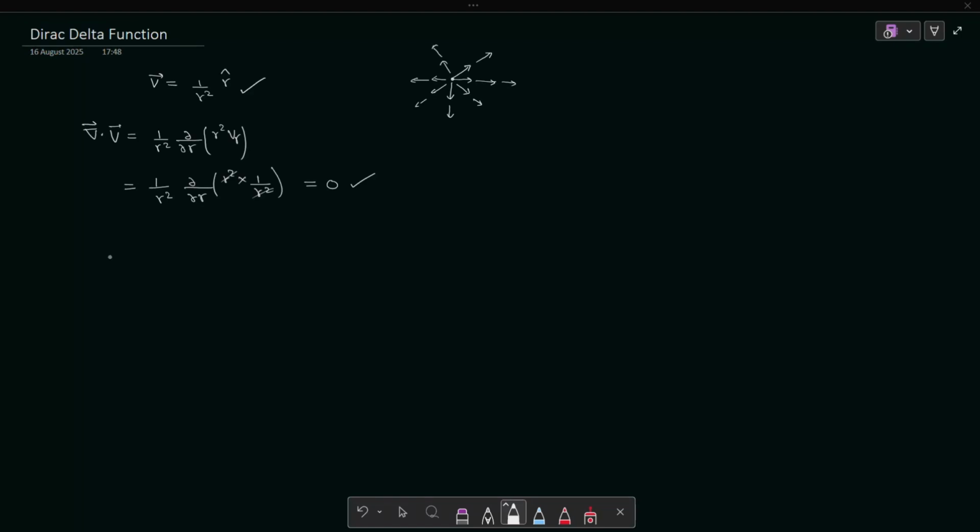So before getting the answer for this problem, let's try to calculate the surface integral for this problem. So consider a sphere, let's say this is a sphere of radius r, which is centered at the origin. So the surface integral for this vector function over the closed surface will be v dot dA.